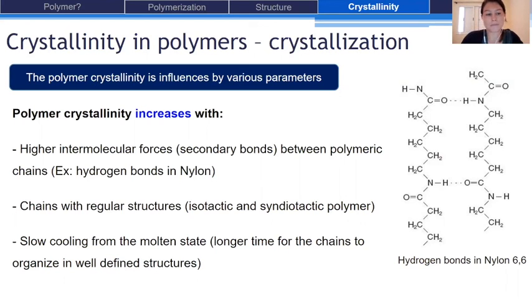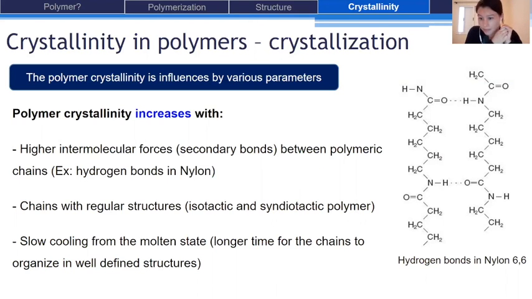If we have a process in which we allow the polymer to cool from the molten state more slowly, the chains will be able to move and rearrange slowly in order to form these crystals.